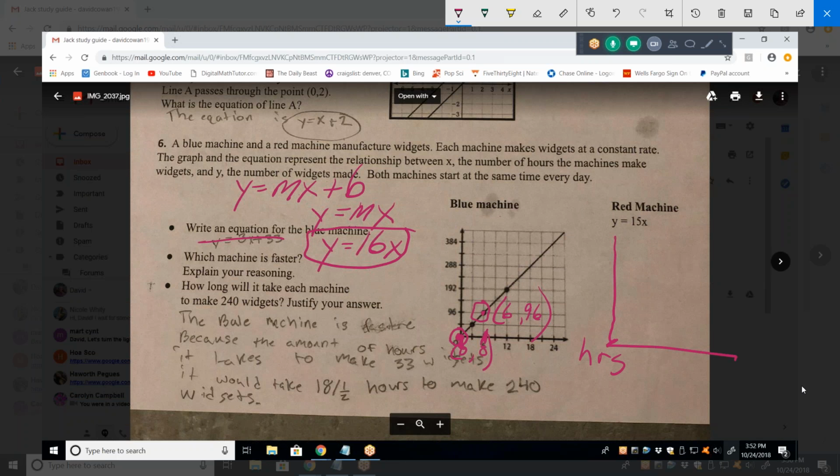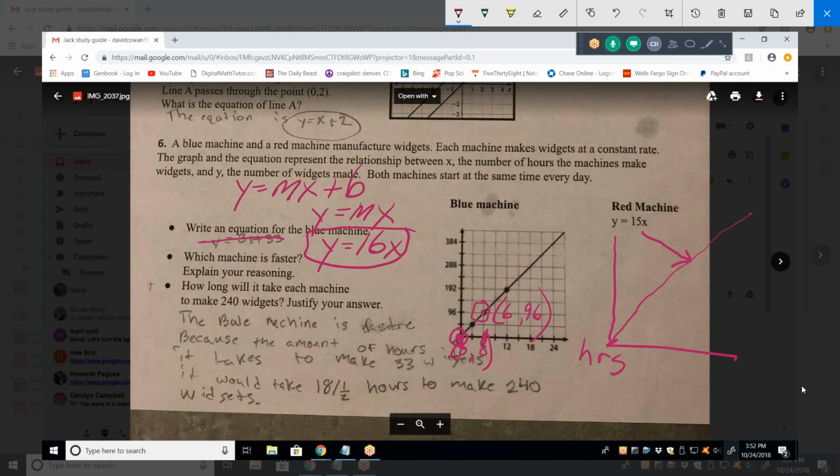They haven't made any widgets when the time is 0. But the red machine has a slightly different slope. It's just a little bit flatter. So which machine is faster? The blue machine.